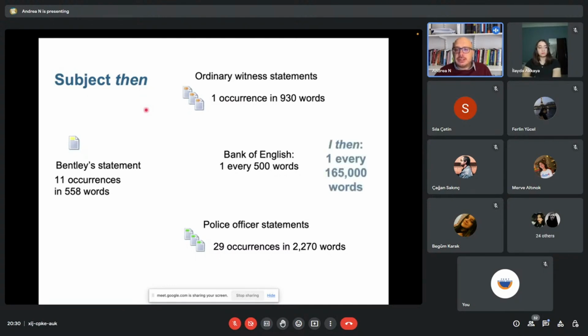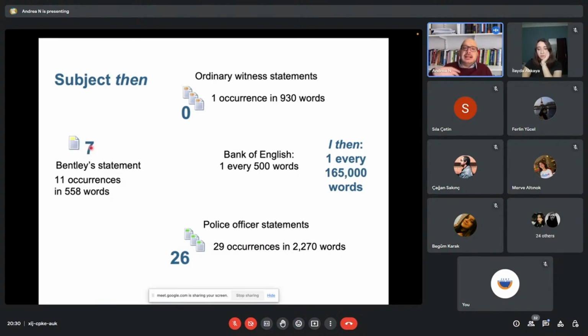This is actually quite rare in English overall. And it's never found in ordinary written statements. And actually it's very common in police officer statements. And this is what was found in Derek Bentley's statement.